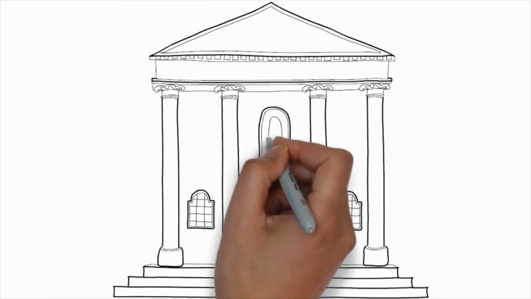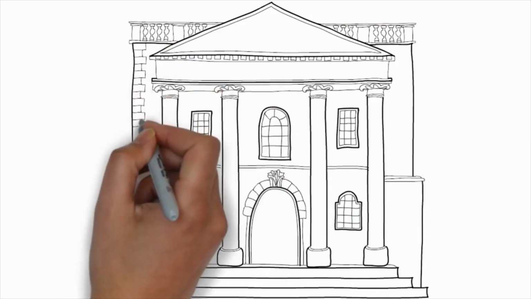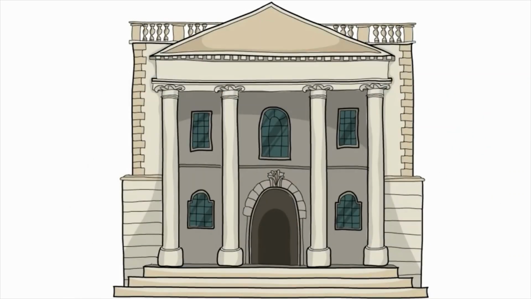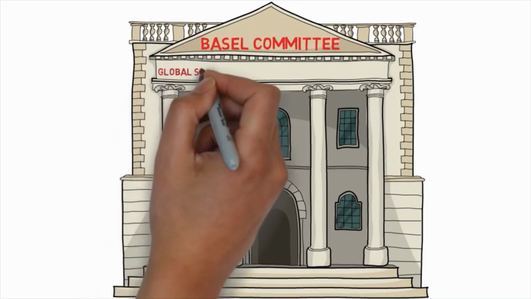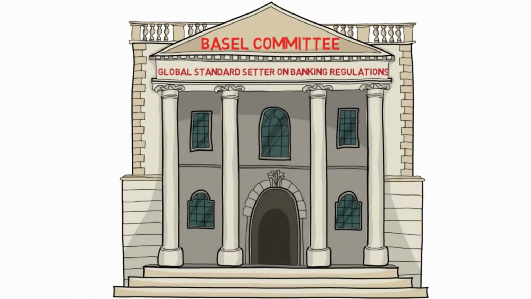Next is about Basel Committee, which is a global standard setter for the regulation of banks worldwide. The main point to focus on here is that it has introduced different principles and papers at different timelines regarding various provisions of anti-money laundering and combating financing of terrorism that financial institutions should apply.